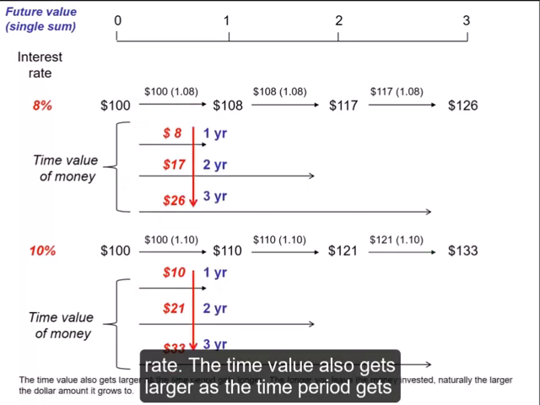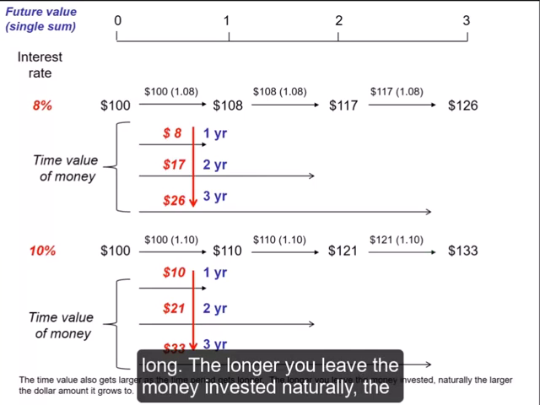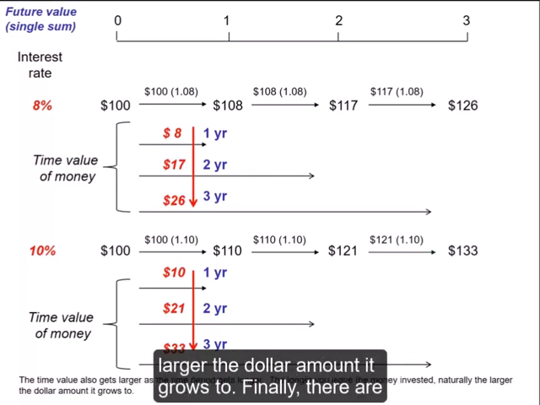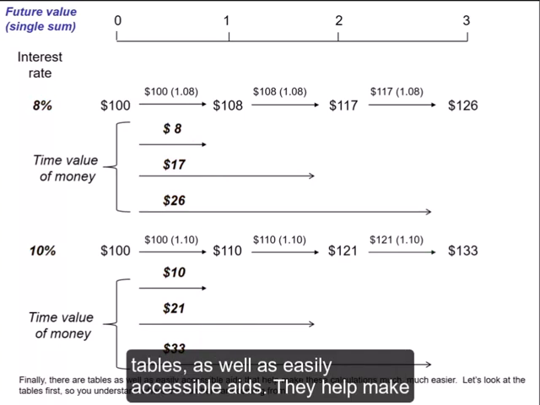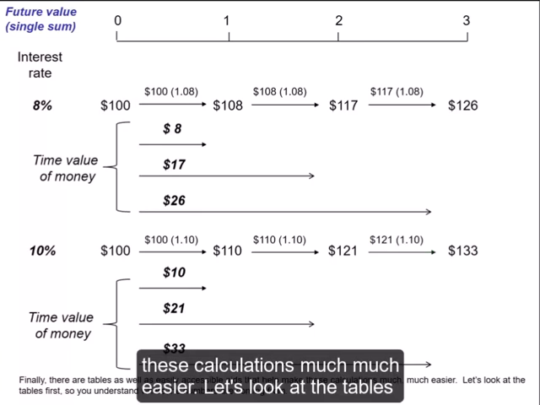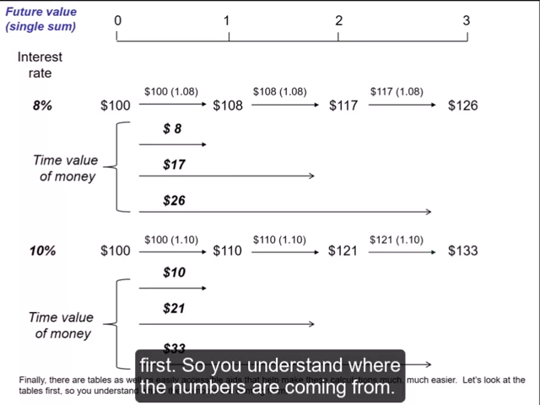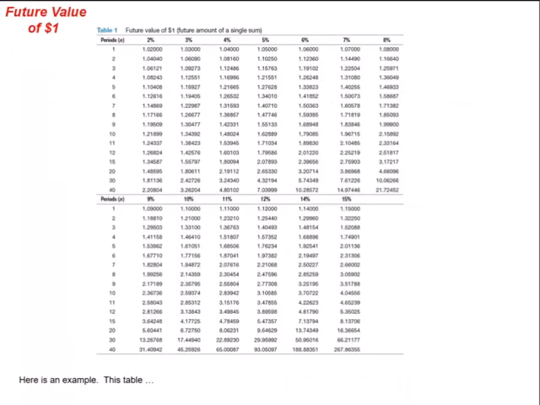The time value also gets larger as the time period gets longer. The longer you leave the money invested, naturally, the larger the dollar amount it grows to. Finally, there are tables as well as easily accessible aids that help make these calculations much, much easier. Let's look at the tables first so you understand where the numbers are coming from.